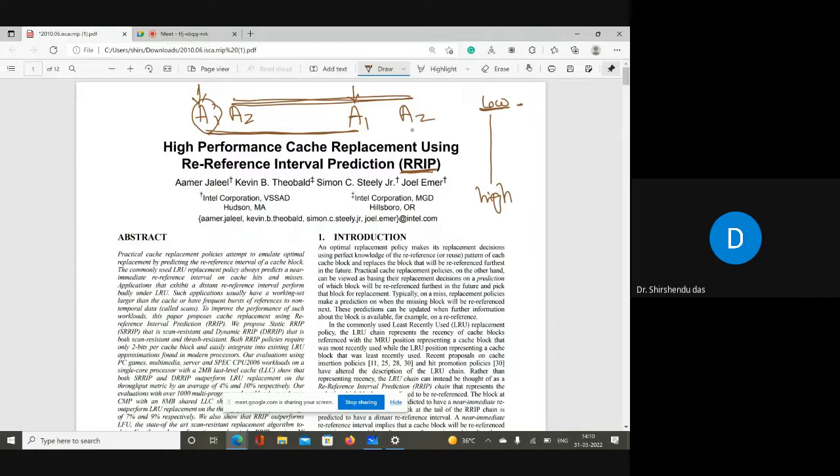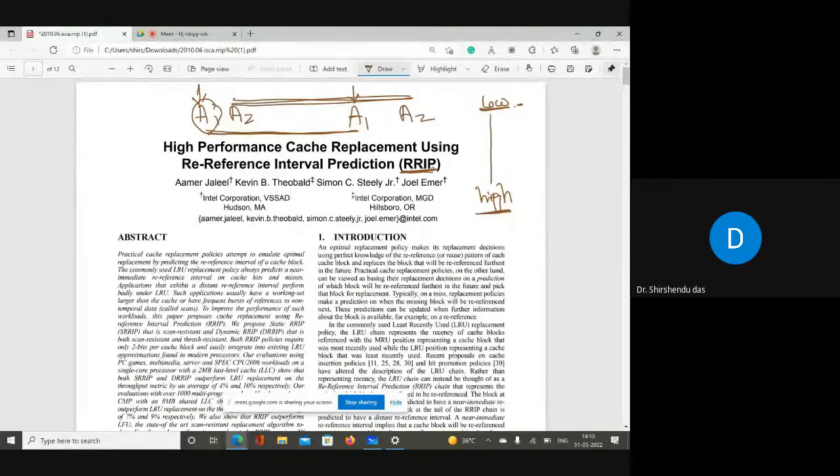High means the block has a high reference interval and will be accessed in the very distant future. So you have to understand these two points: what the re-reference interval is and which one is better. A low re-reference interval is better in terms of cache, because the block will be accessed again in the near future. A high re-reference interval means it will be accessed in the distant future. But here the term future is involved, so you cannot detect it completely, right?